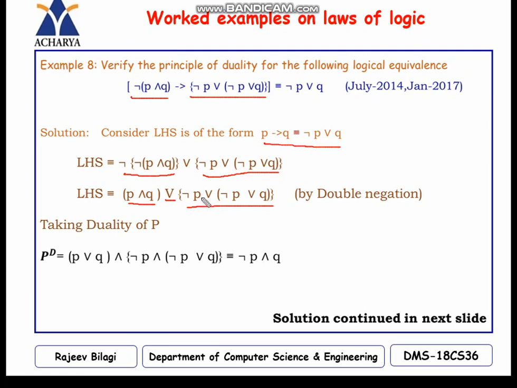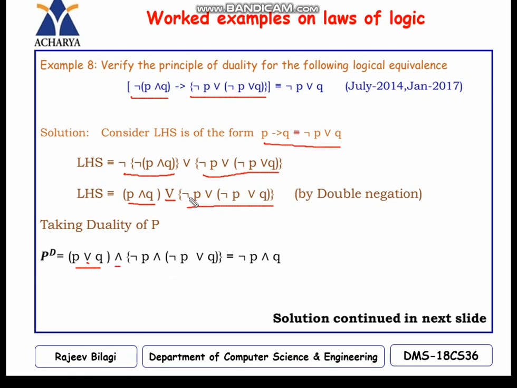Okay. Now for this particular compound statement, I can write the dual as AND becomes OR. So P or Q. The OR operator becomes AND operator. Okay.